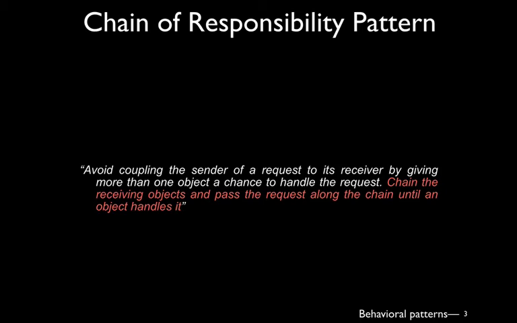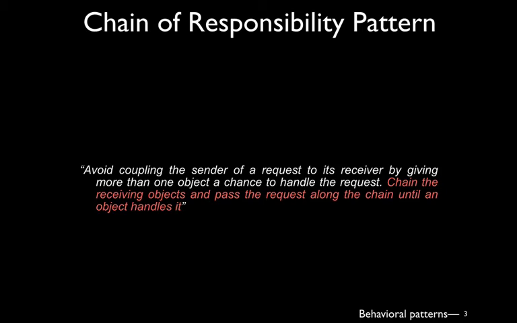We want to be able to provide very good flexibility where we can add and remove receivers without having to change the sender. So what is the underlying design principle here one more time? Well, it's the open-closed principle, and of course we are trying to decouple as well and provide extensibility.